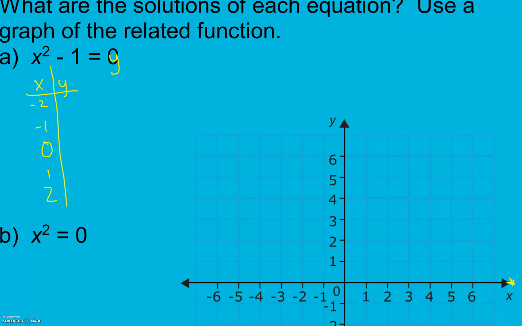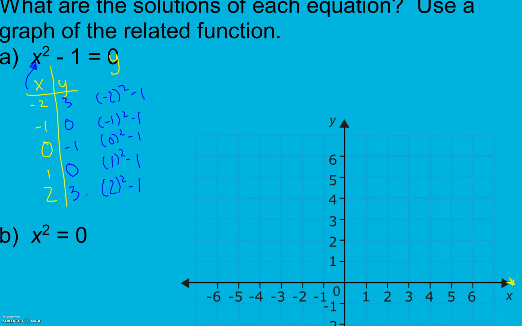Now, we take our x values and substitute them into our function. -2 squared minus 1, 4 minus 1 is 3. -1 squared minus 1, 0. 0 squared minus 1. 1 squared minus 1. And 2 squared minus 1.